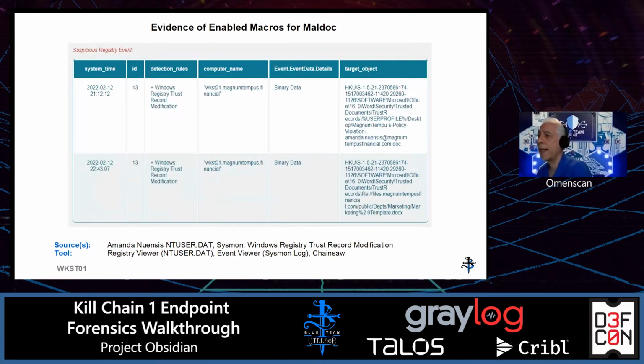This is another look at it, and I bring this up because what we're going to do is take a lot of this data and put it into an easy to read format. We use a couple of tools for that. Chainsaw is the tool that we're going to run to look at the event viewer logs. Chainsaw uses Sigma rules, and it will present what it finds in the event logs that are worth investigating.